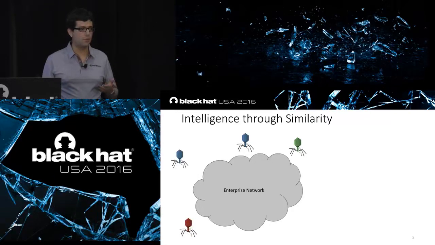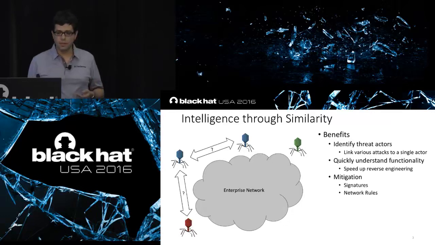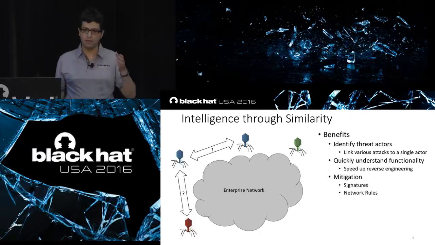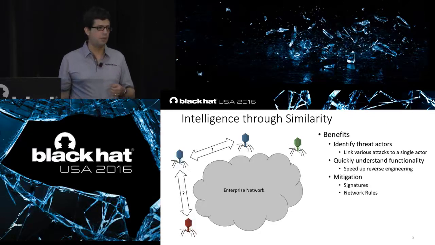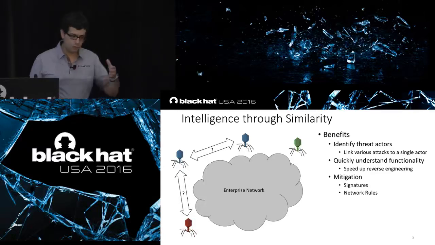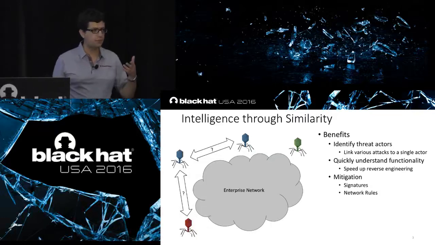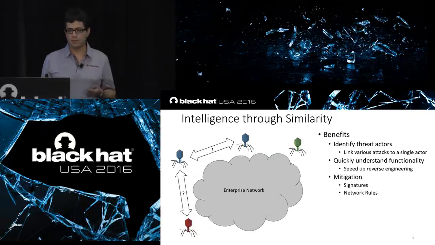Is any of this malware related? If you can say, well, this malware sample is related to that malware sample, and I know that malware sample came from this particular threat actor, then this one is similar to it, so it probably also came from there. So you can start to get some understanding about what's going on in your network.